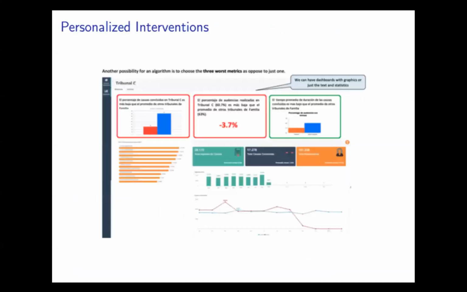We can do personalized interventions. So show a judge the summary statistic that they're worst performing on relative to others. But so they don't get depressed every time they log in, maybe what they're most improved on relative to their previous self.